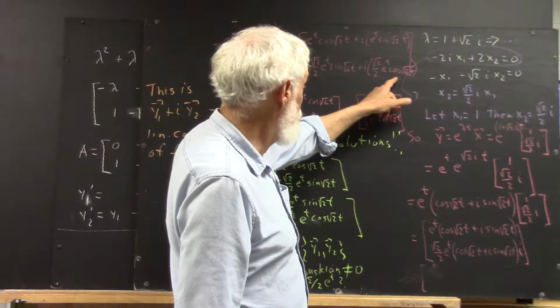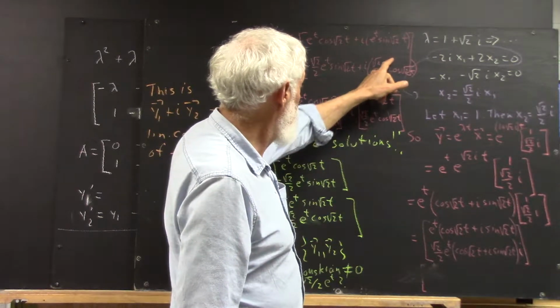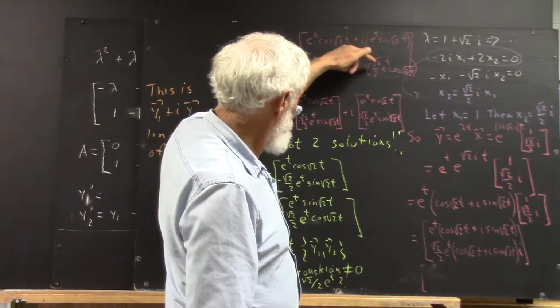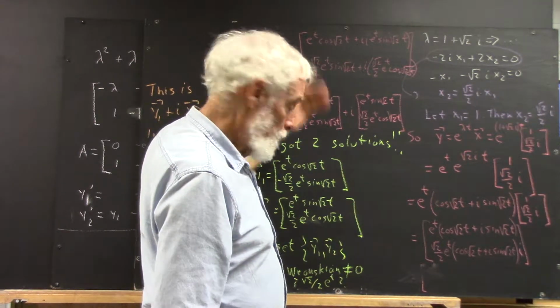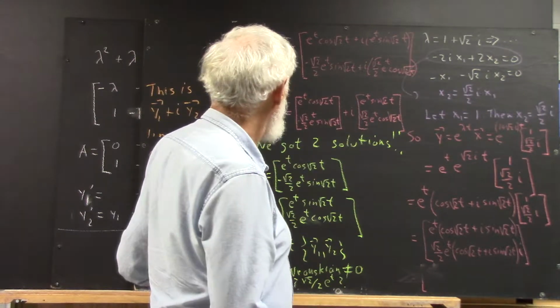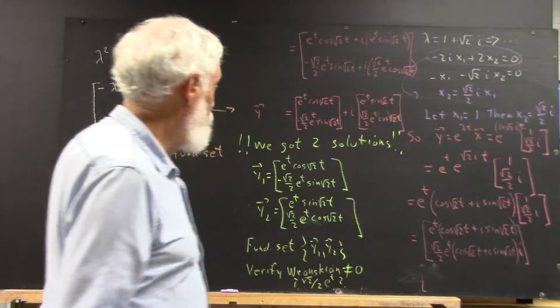So the i's on the cosine, you have the e to the t, and for the second component you have the square root of 2 over 2, and you have the negative on your sine with all the rest of the stuff, and you can easily see how that all works.